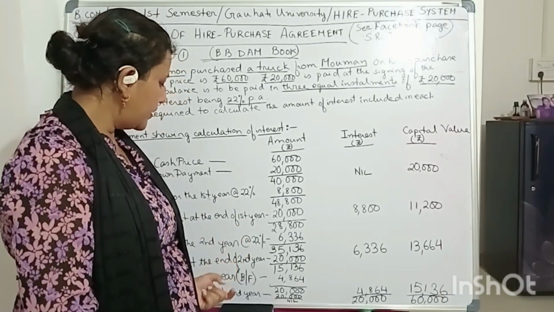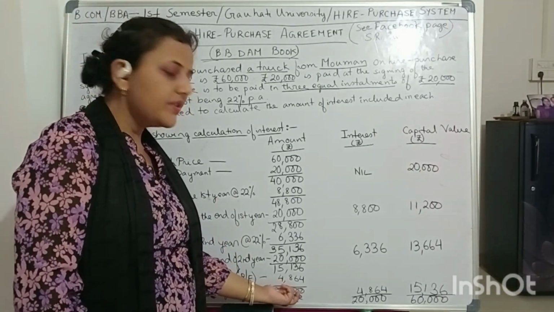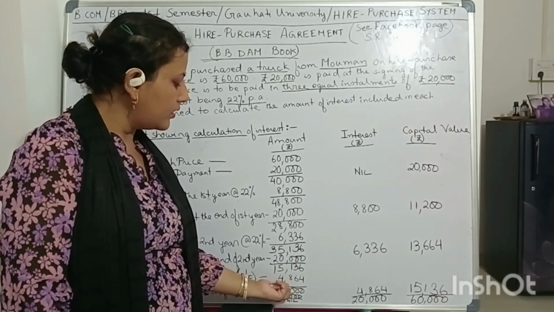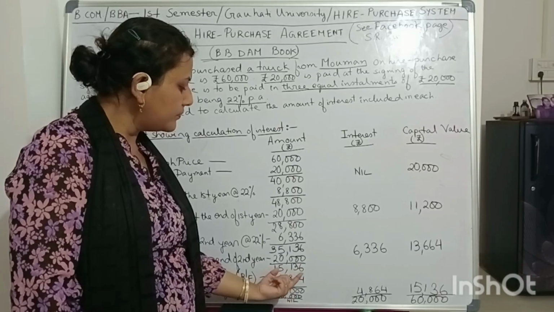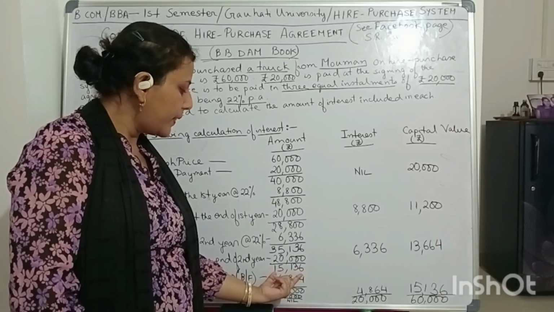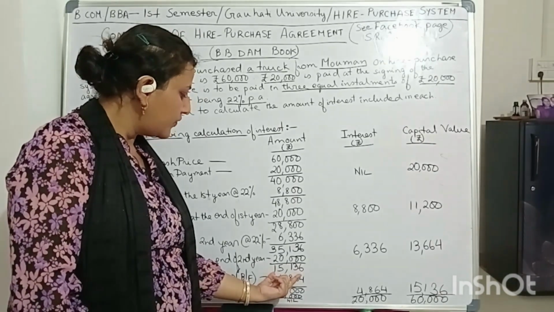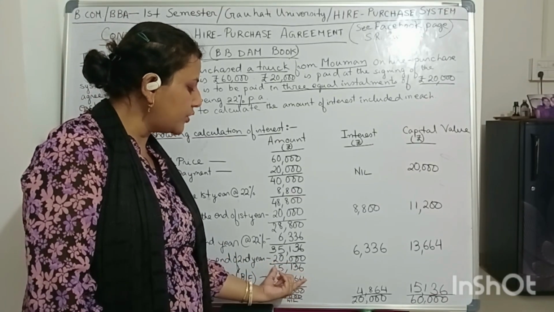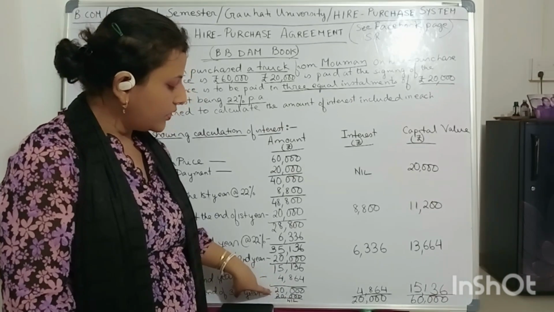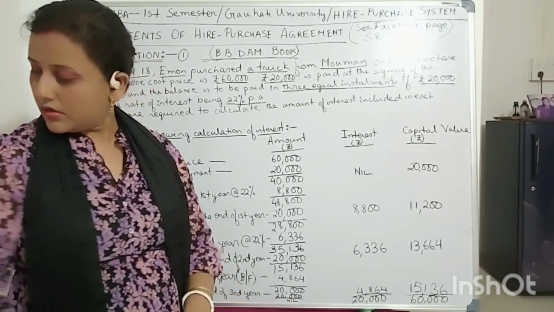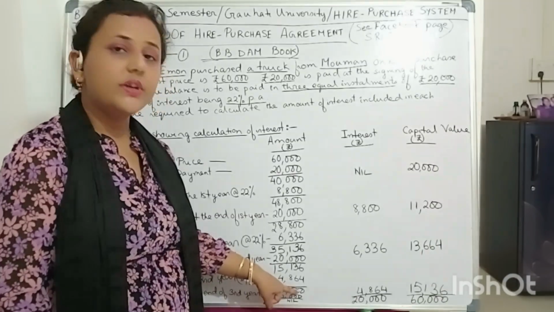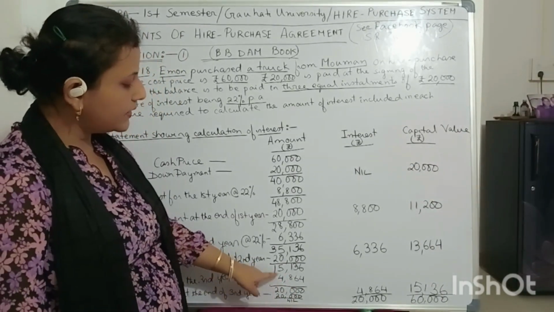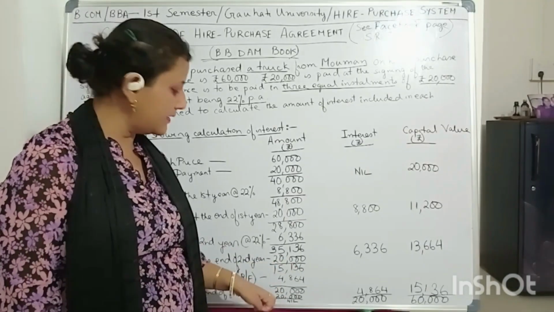It is calculated as the balancing figure: whatever balance comes out after deducting the second year installment should be deducted from the last year installment value, that is 20,000. So 20,000 is written, and from 20,000, 15,136 is deducted.